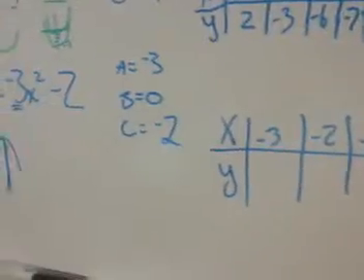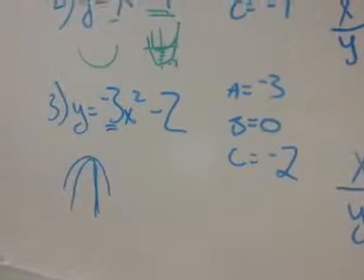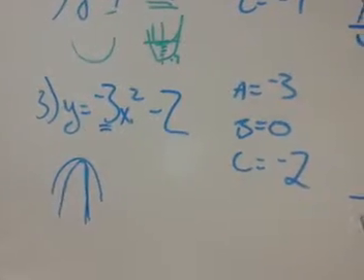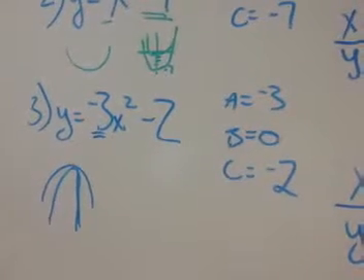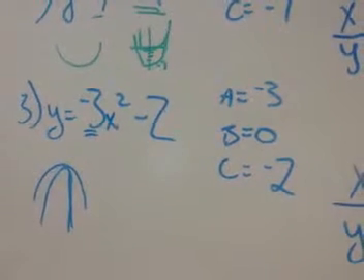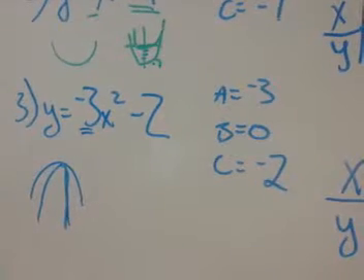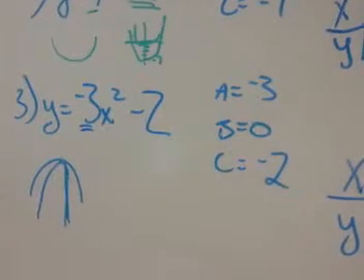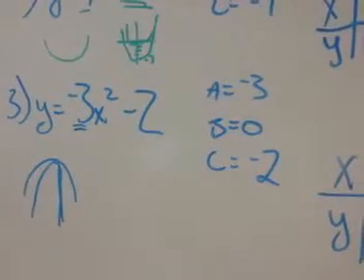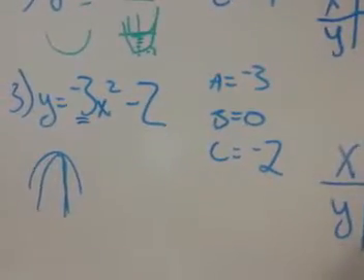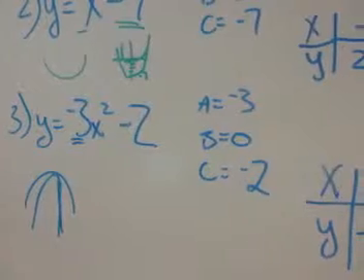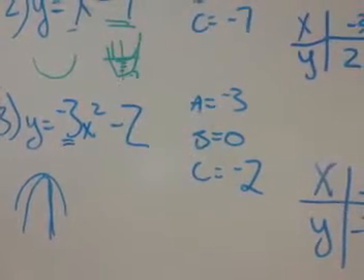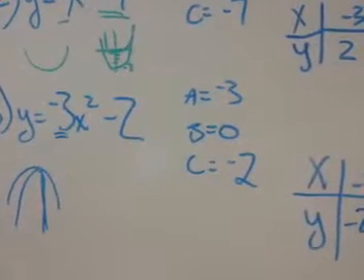All right. Remember, I'll plug in the values and keep the equation up there. If x is negative 3, that's 9. Negative 3 squared is 9 times negative 3. That's negative 27 minus 2, which would be negative 29, which I just wrote down. If x is negative 2, it's going to be 4.